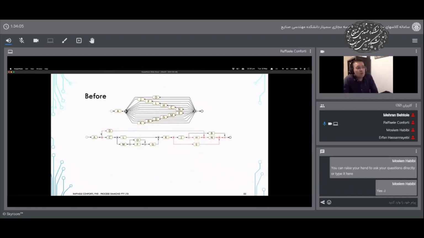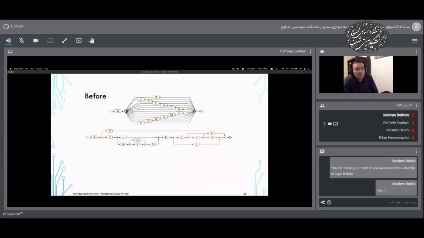You see these red lines are structures that we call unsound, because, for example, you have this end split that theoretically will have an end join here, but as you know, the end join will expect 2 tokens, one coming from this path and one from that path, right?